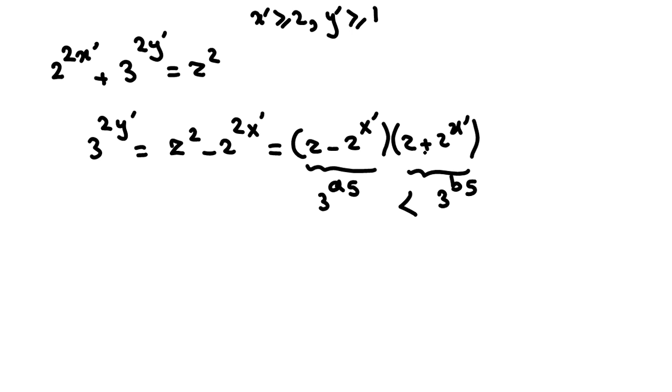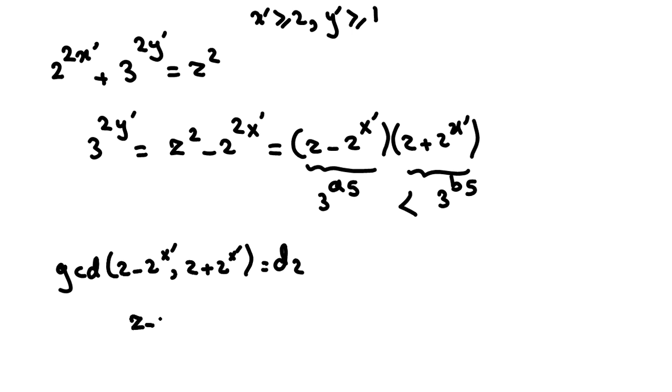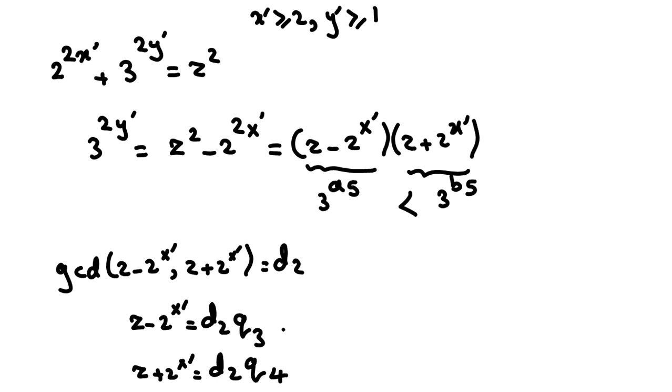If we consider their GCD, the GCD of these two numbers, it is what? Suppose the GCD of z minus 2 to the x prime and z plus 2 to the x prime, for example, is d2. You know, z minus 2 to the x prime is d2 q3, for example, and z plus 2 to the x prime is d2 q4. And look, it's better to not use the same variables in the solution if it is possible. Because now I explain for you, it is okay.